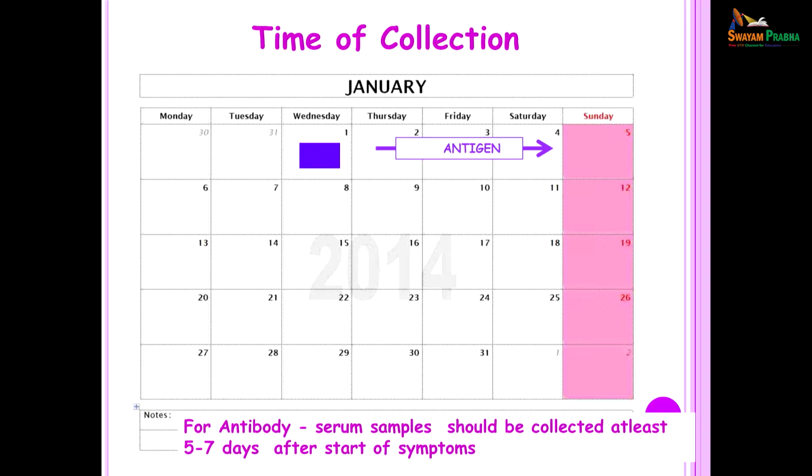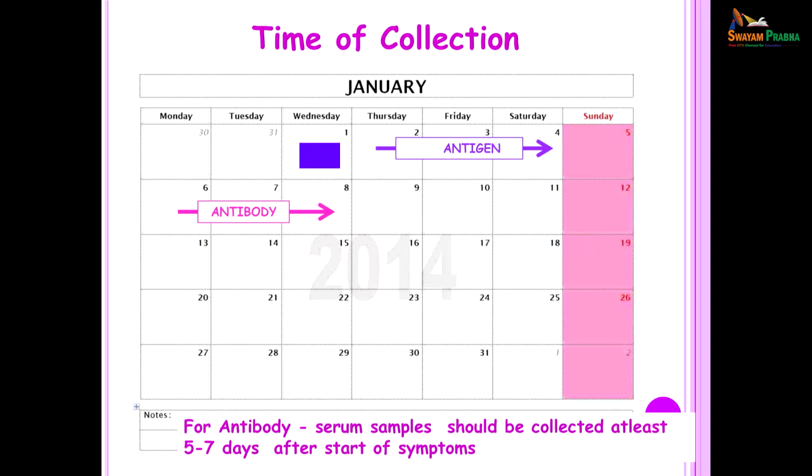When it comes to the antibody, as you all know, it takes time for the body to develop antibodies, and these usually develop about from the 5th to the 7th day of the illness, and therefore, when you are looking for antibody, you have to look for it round about the 5th to 7th day. Otherwise, if you do not collect the sample at the right time, you will end up missing the diagnosis.